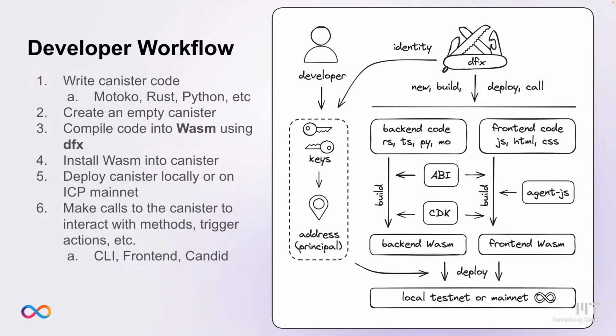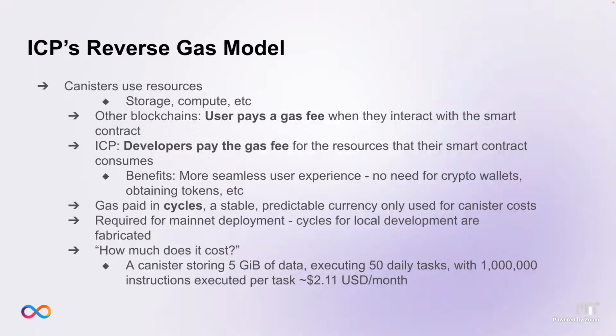Then you're going to install that WASM module into that empty canister, deploy that canister either locally or on the mainnet, and then interact with that canister however you intend to, whether it's making calls to query information about things on chain or off chain, or if you are using the canister to simply host a front end static website, then you would just open the canister URL in a browser and you'll have that website available for you to use.